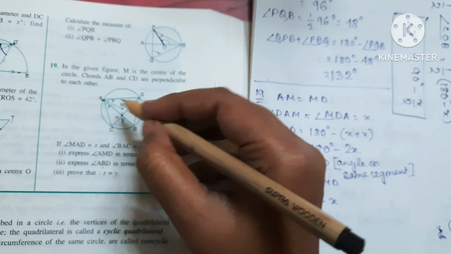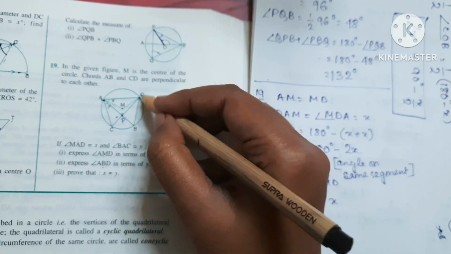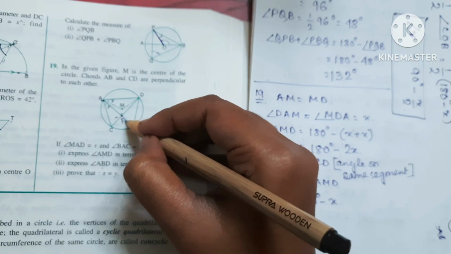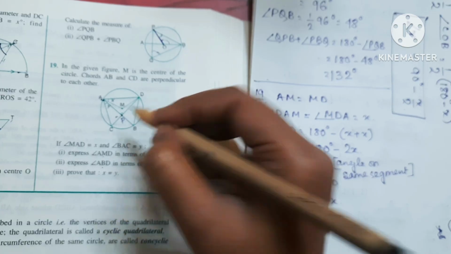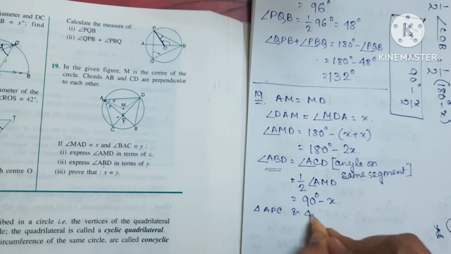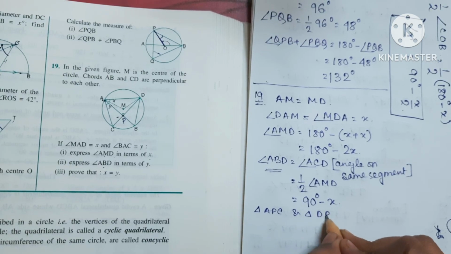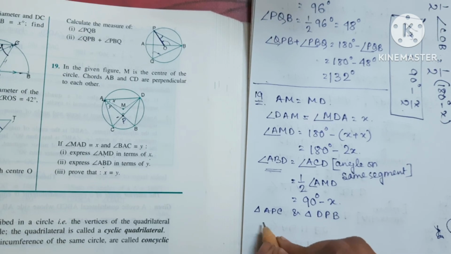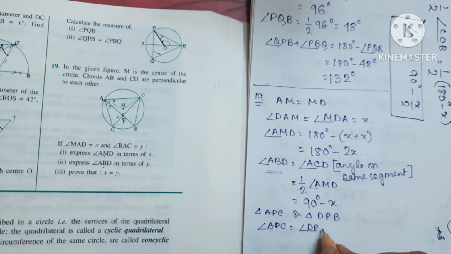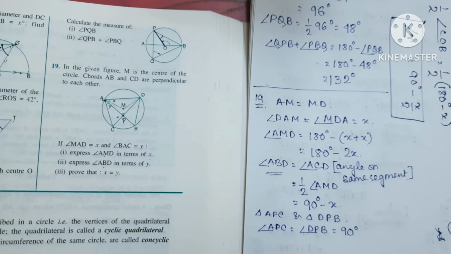In case of these two triangles, triangle APC and triangle DPB, angle APC is equal to angle DPB is equal to 90 degree, right?